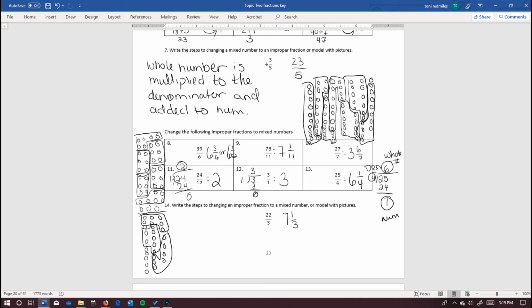Now for number 14, we need to write the steps of changing from improper to a mixed number or a model with pictures. So I don't mind how you go about this, what you say. There's going to be varying answers.